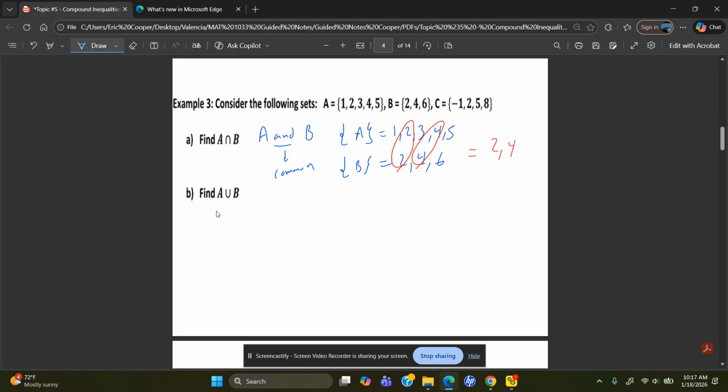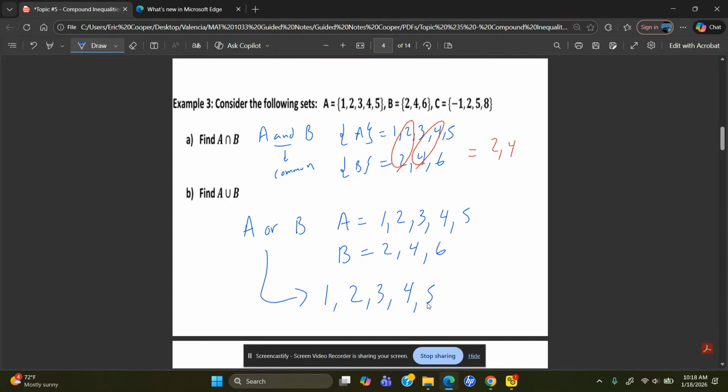For my second problem, now we're looking for A or B. So again, they just have to contain at least one of them one time. So essentially we're going through and merging the two sets together. When I look at this, I can see that in A I have 1, 2, 3, 4, and 5.